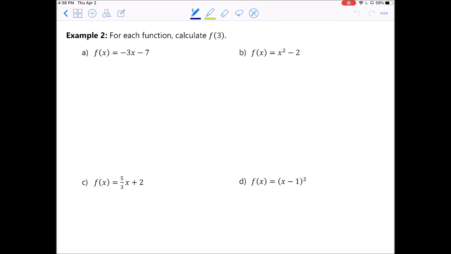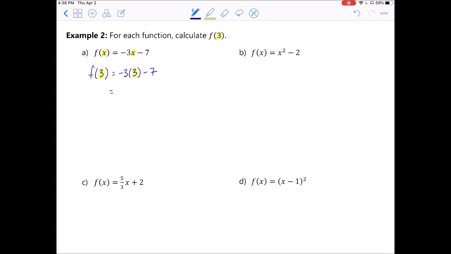Now let's take a look at example 2. For each function, calculate f of 3. So all we have to do here is plug in 3 into x. So let's take a look here. f of 3 equals, we're subbing in the x, just like how x is in both cases here.